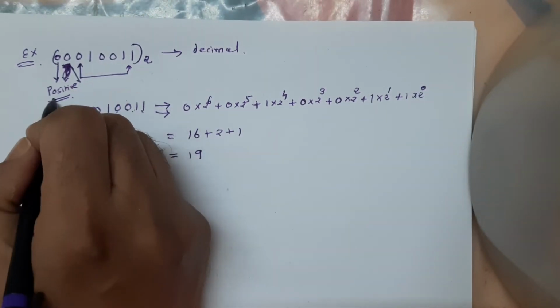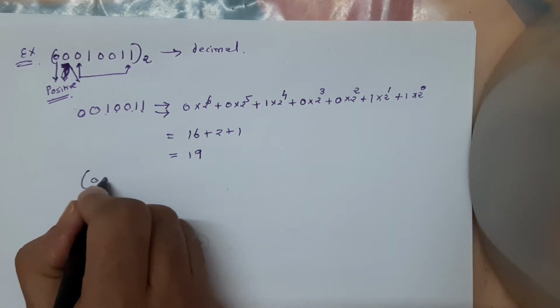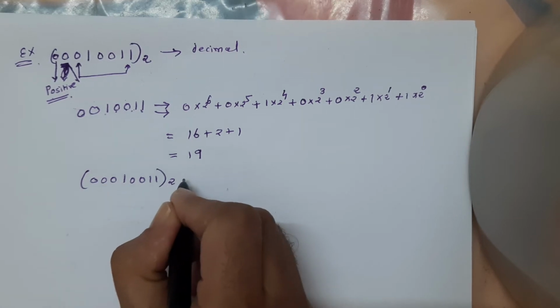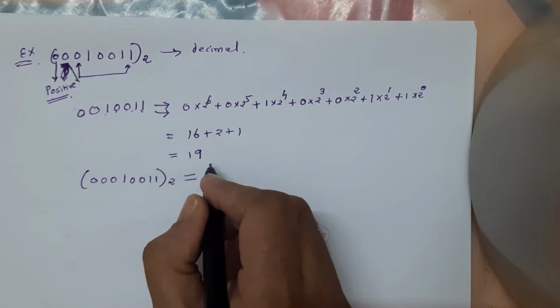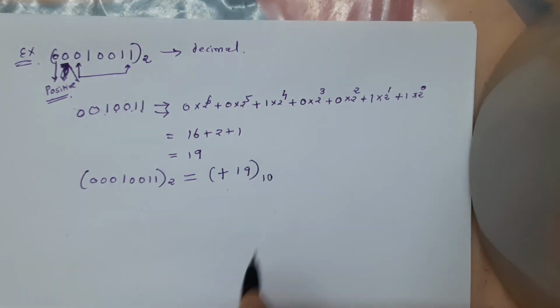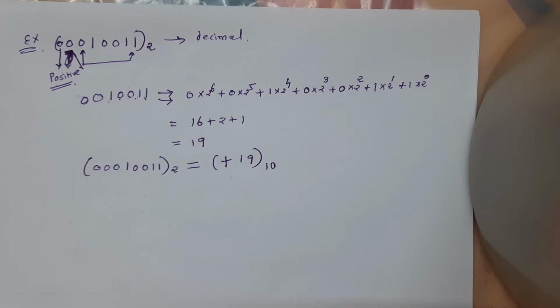The MSB is positive, so the binary number is equal to plus 19 decimal. In this way you write down the answer.